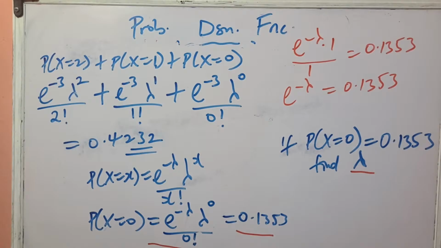So how do you find this? What do you do next to get your answer? It looks like some of you have gotten the answer. What did you do next?